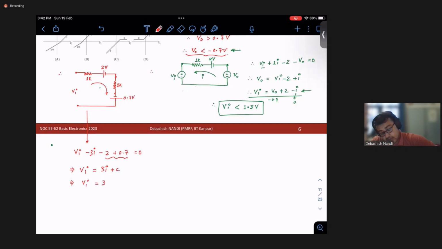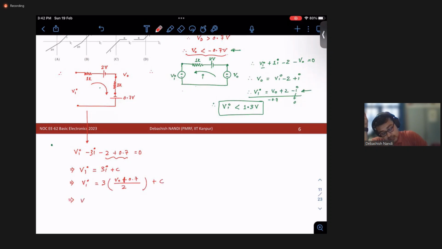Equal to 3 into what would be your I? This is V naught, then V naught plus 0.7 by 2, plus some constant, right?